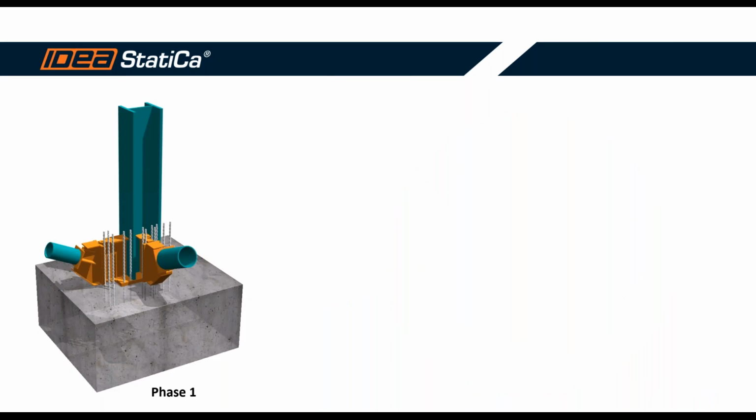The interesting thing about this connection is that it has been designed with mainly two things in mind. First, that it should incorporate the rebars for the concrete column that will be added later. As you can see, the rebars are going through the base plate and the connection overall.